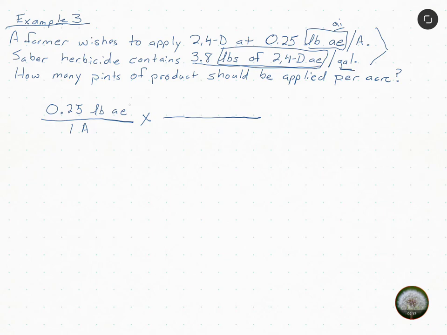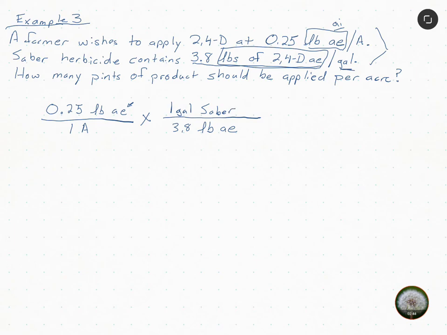And so because pounds AE is in the numerator in the first ratio, we're going to set it in the denominator of the second ratio. So 3.8 pounds of acid equivalent of 2,4-D in each gallon of Saber herbicide.